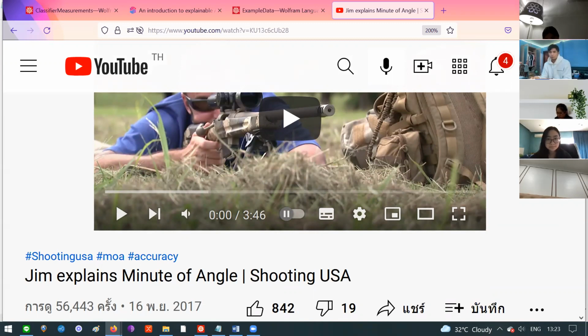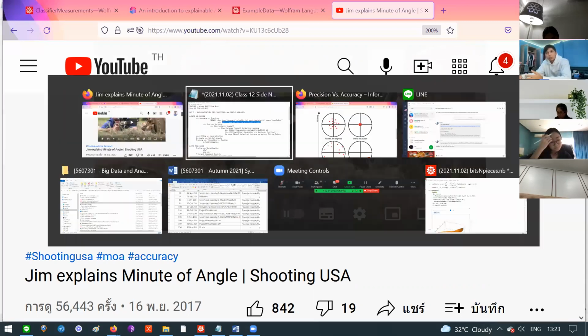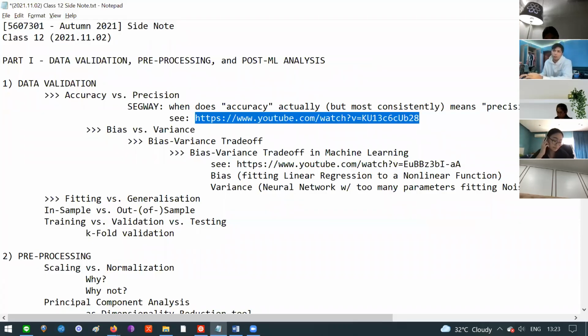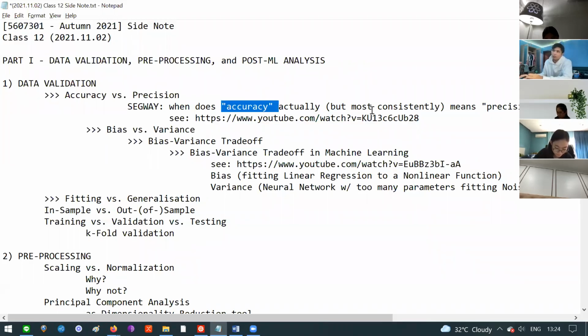If you're always hitting that spot, that's actually precision. So it's minute of angle precision, but in firearms they'll call that accuracy. That's completely wrong, but it's become standard American usage of the word. So this is where they use the word accuracy, but they mean precision.